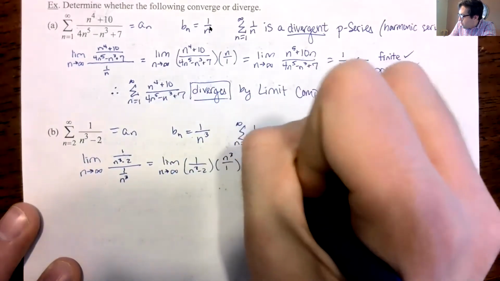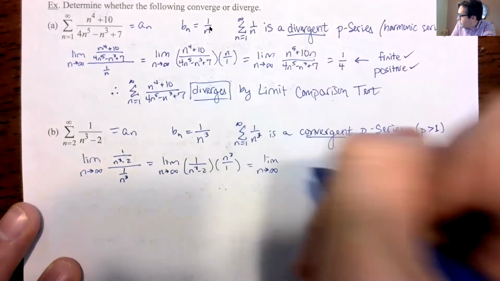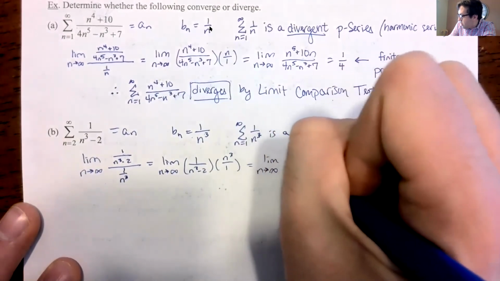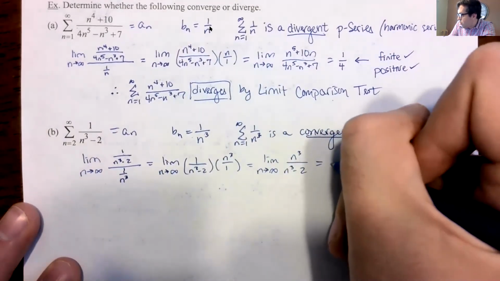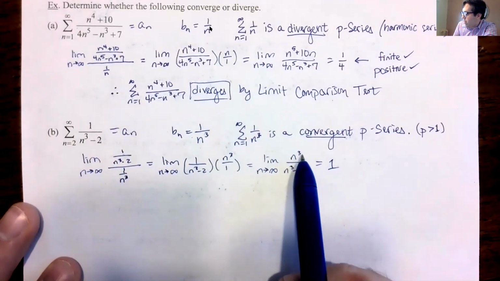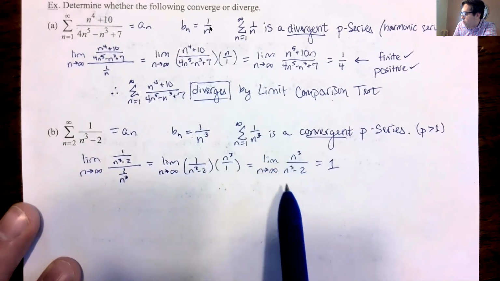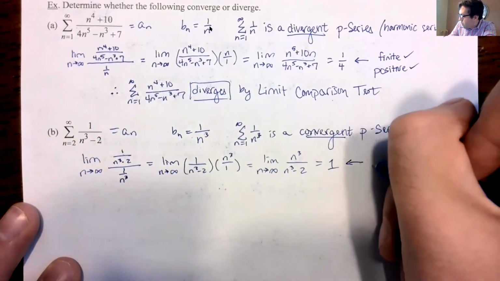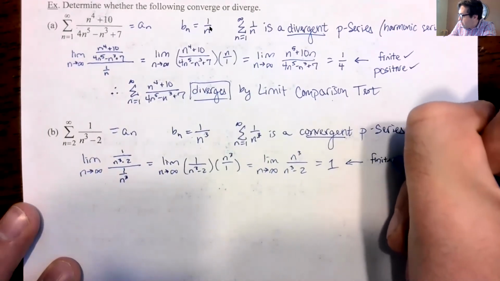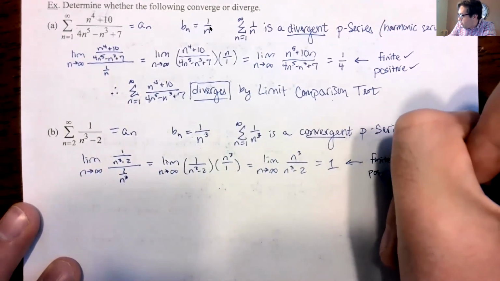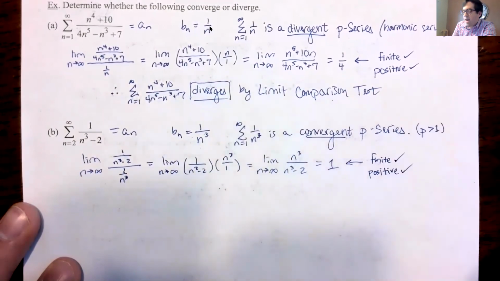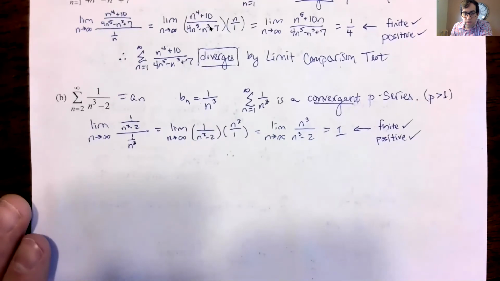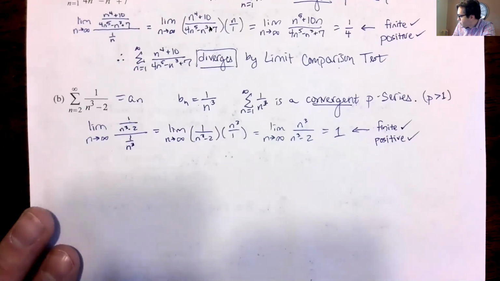And that equals the limit as n approaches infinity of n cubed over n cubed minus 2, which equals 1, because we have exponents that are the same, so we divide the coefficients. 1 divided by 1 is 1. And just like in the previous question, we have an L that is finite and positive. We would definitely want to check that and write down in our work that we're showing that, because that's part of the process for this test.